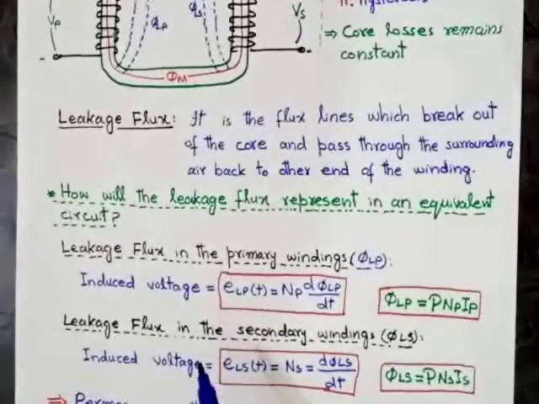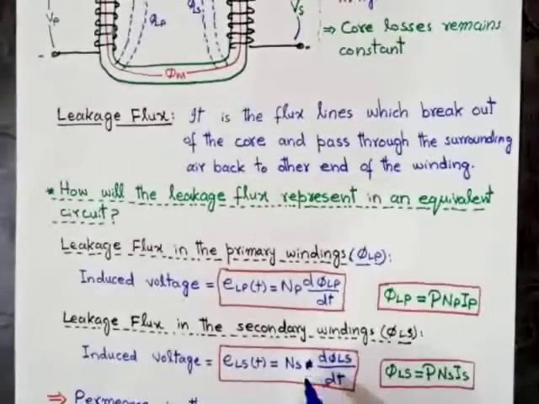Similarly, the leakage flux in the secondary winding is flux LS, where L means leakage and S means secondary. The induced voltage due to the secondary leakage flux is E equals NS d phi over dt.